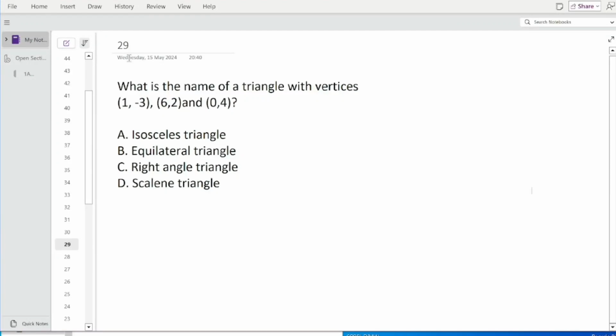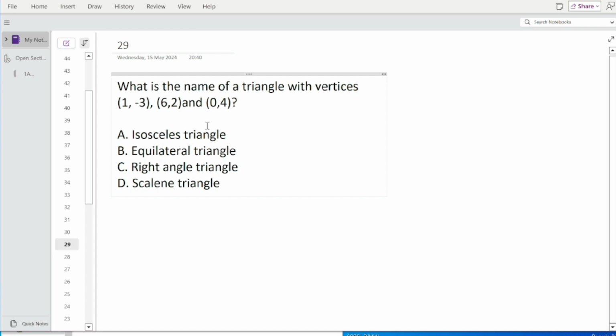Question 29. What is the name of a triangle with vertices 1, minus 3, 6, 2, and 0, 4? So what type of triangle is this triangle with graphical coordinates of 1, minus 3, 6, 2, and 0, 4?